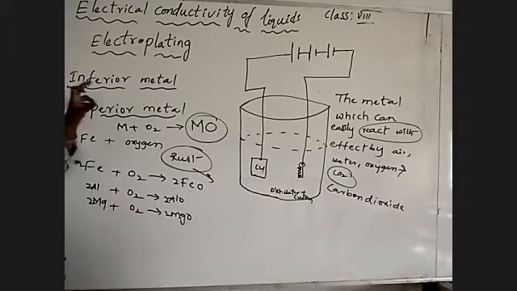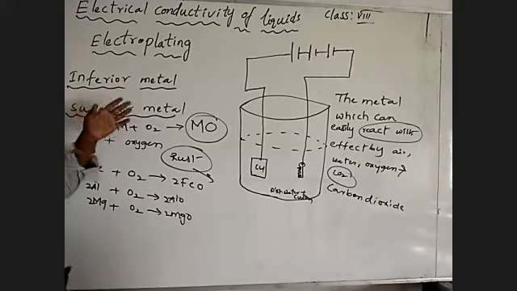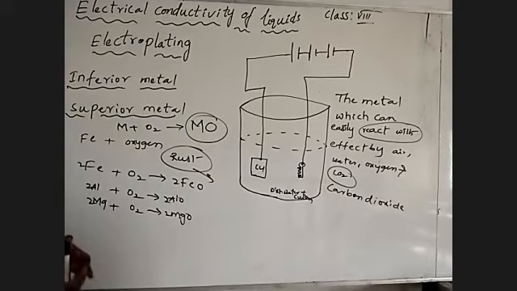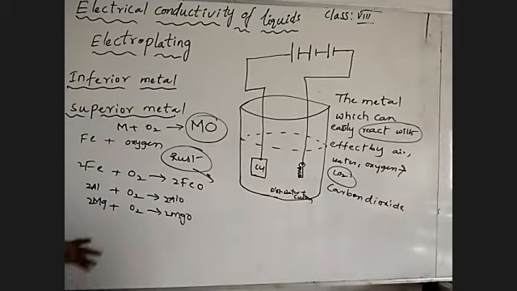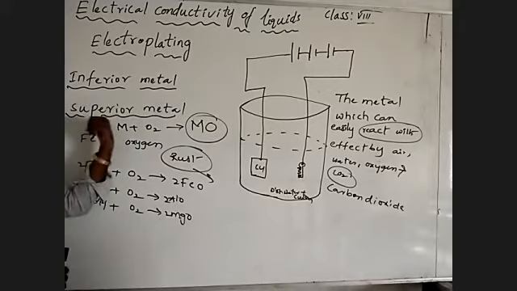So why do we utilize this in electroplating? Inferior metals easily react with those substances. To avoid the formation of rust and corrosion on the inferior metals, we have to coat the inferior metals with superior metals.